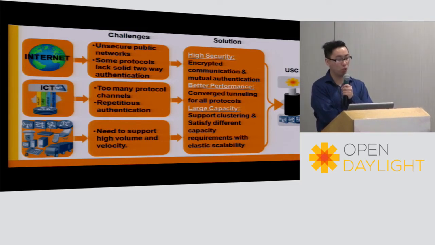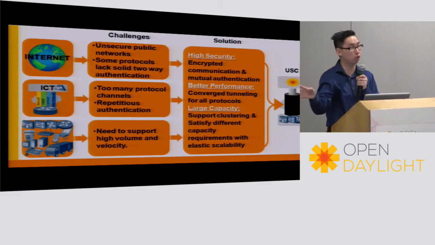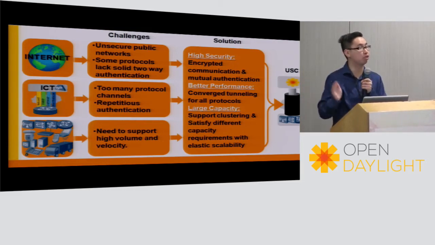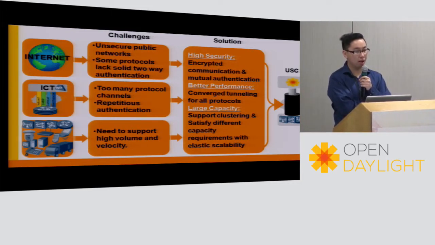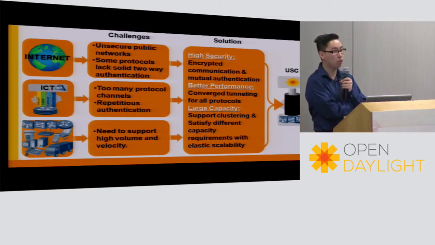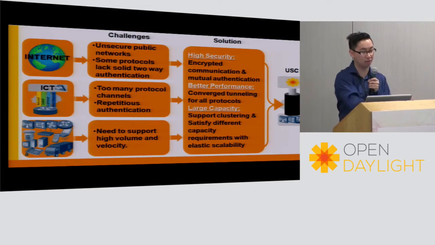We're working with unsecure public networks, so the communication between the controller and the device may sometimes travel through the internet or some sort of public infrastructure. Some protocols lack solid two-way authentication as they communicate between the controller and the devices.